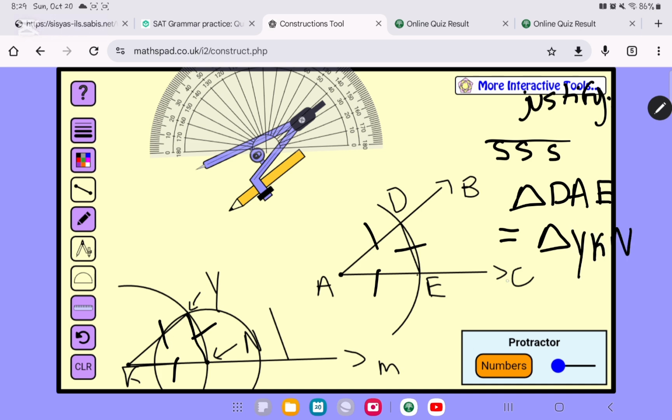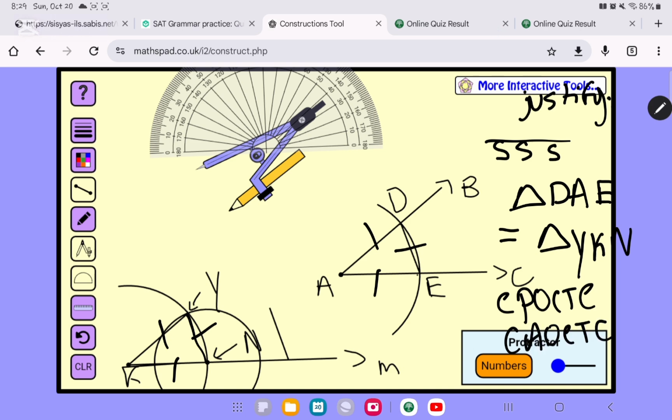YKN. And corresponding parts of congruent triangles are congruent, or corresponding angles. So it will be CPCTC.